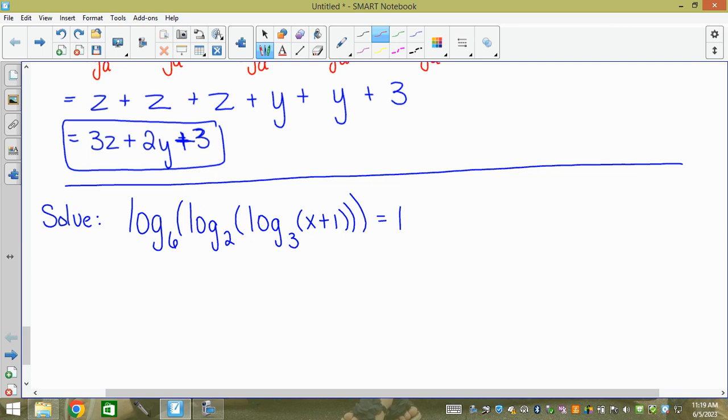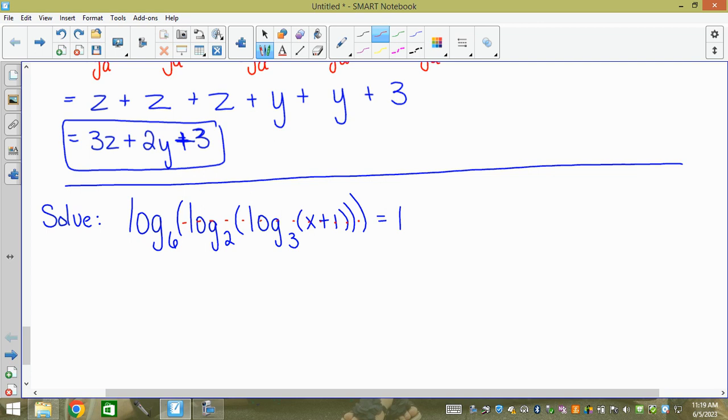How many logs do I have? How many single logs? 3. I'm going to have to convert to exponential 3 times. However many single logs you have embedded is how many times you have to convert. So what does that mean? Pretend that's just what's inside your log bracket, right? I'm covering it with my hands.